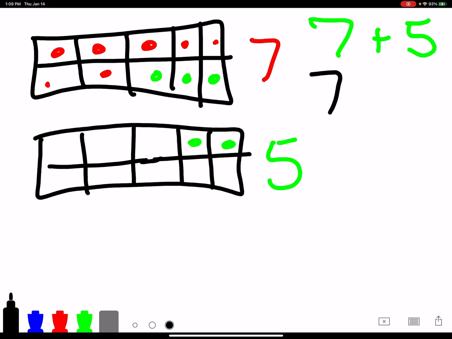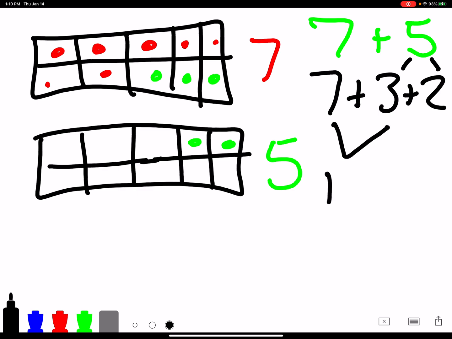So we're still adding by 7, but now we have 3 plus 2. And we know 3 plus 2 is the same as 5, right? But we just made this problem into an addition equation. So we could even say 3 plus 2 equals 5 to add to the 7, or since we broke it down even further, we already know that 7 plus 3 is 10.